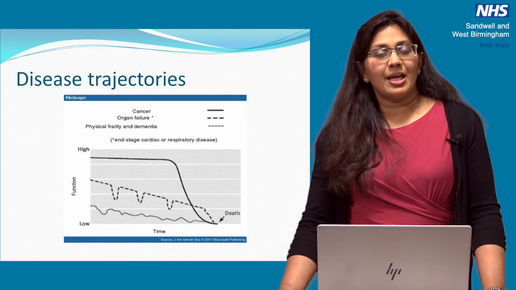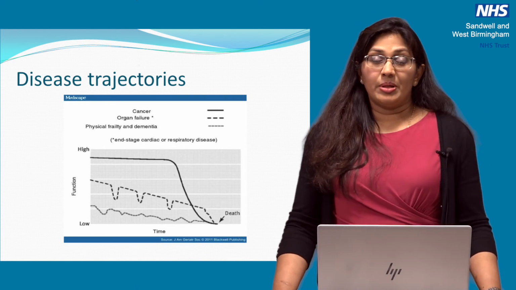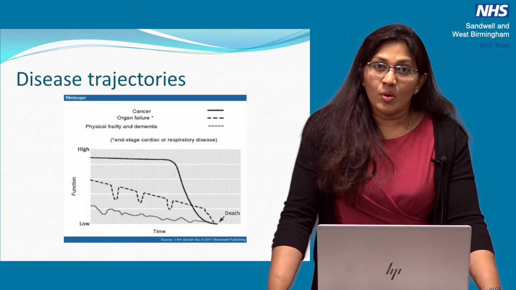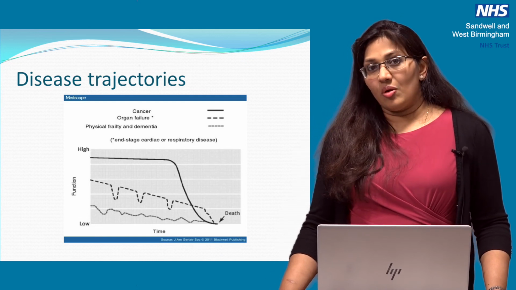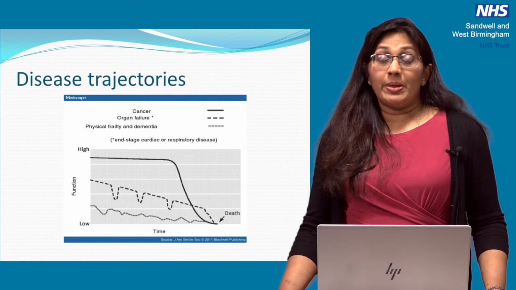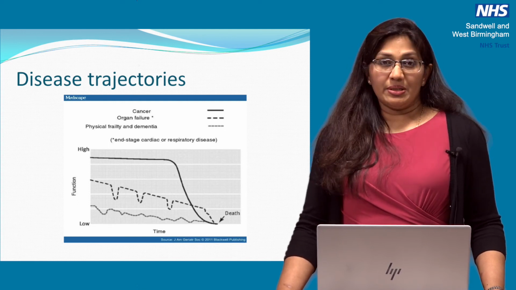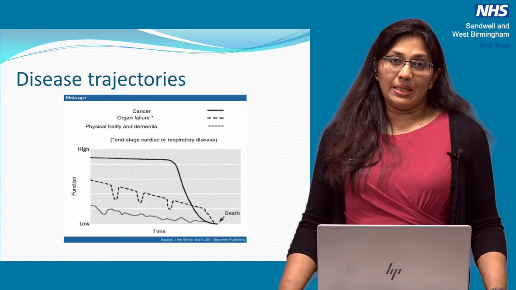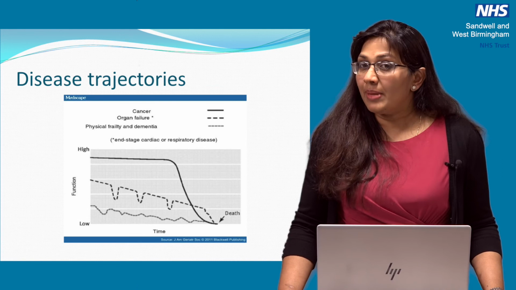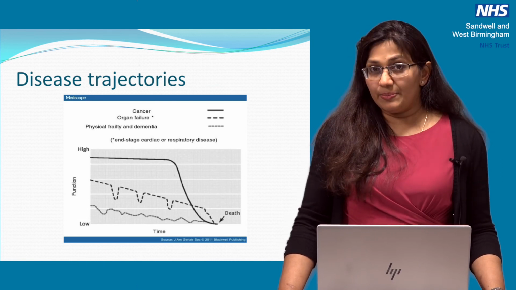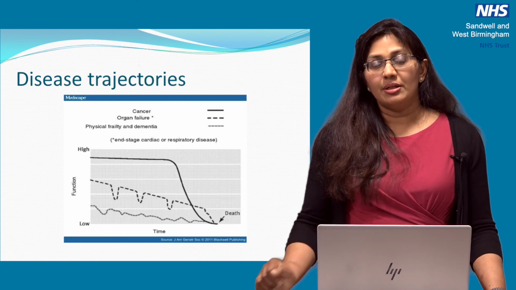That's not so much the case with certain conditions such as organ failure. For example, the average patient with COPD will have a gradual downward decline with intermittent periods of exacerbation, which might lead them to coming into hospital. So they come into hospital, they get their infective exacerbation of COPD treated, they recover a little bit, and they then get discharged, but they may not get back to their previous baseline, and they continue to remain on that downward trend.